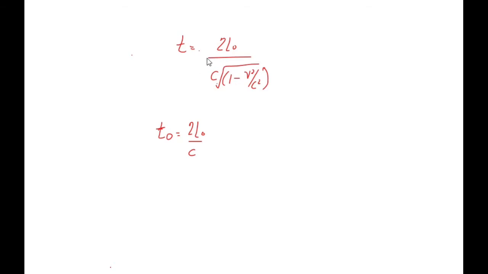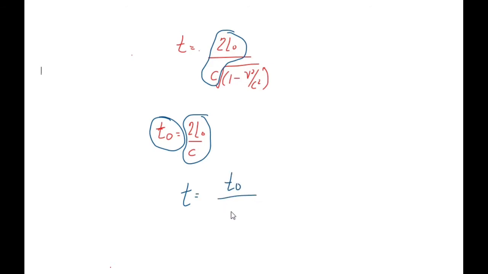Okay? So looking at our equation, 2 L naught divided by c is equal to the proper time. So we can now have an equation relating this time t and the proper time t naught. So t now is equivalent to t naught divided by square root of 1 minus v squared over c squared.